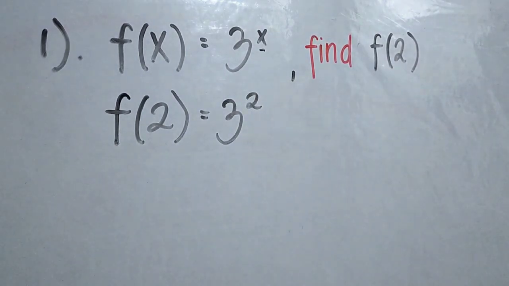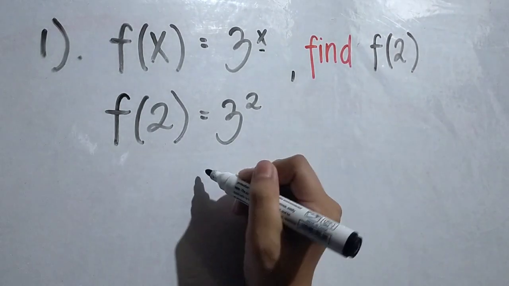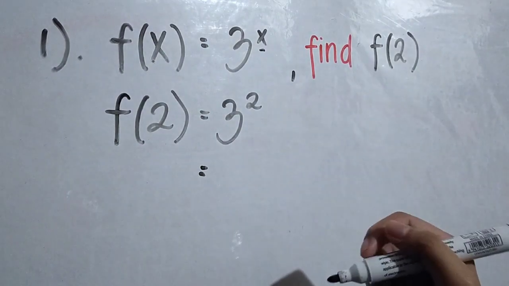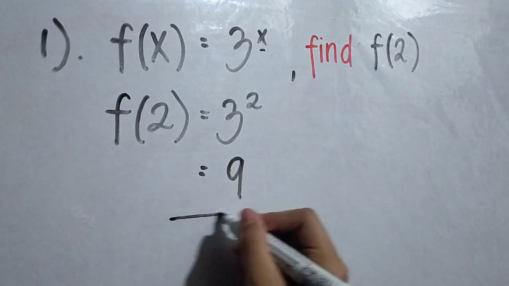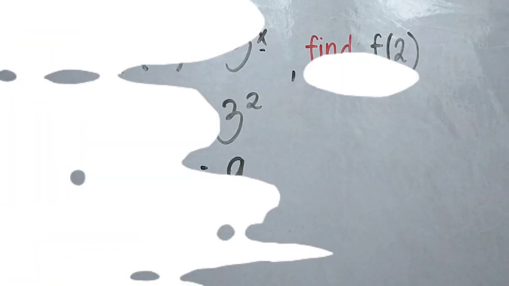Now na wala na tayong iba pang hinahanap na x dito, we can already solve this right away. So, 3 squared or 3 raised to 2 is equals to 9. So, we already have our answer and yan ay ilalagay natin sa paper natin. But that is just our easy round. Meron pa tayong ibang hinahanap that will be on another clip.